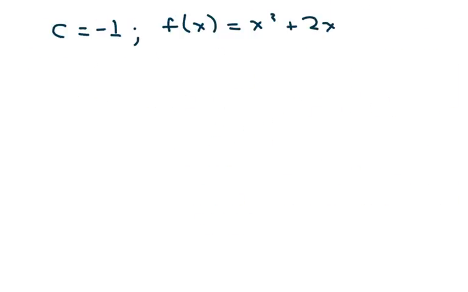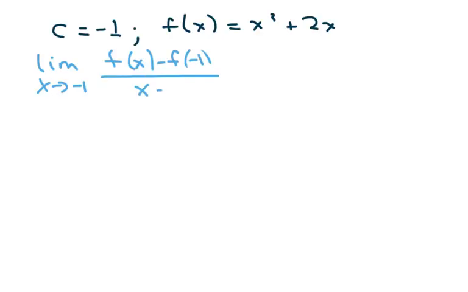Okay, the next one is our constant is negative 1, so the limit as x approaches negative 1 of f of x minus f of c. Oh, our c is what? Negative 1, so let's plug in negative 1 over x minus a negative 1.